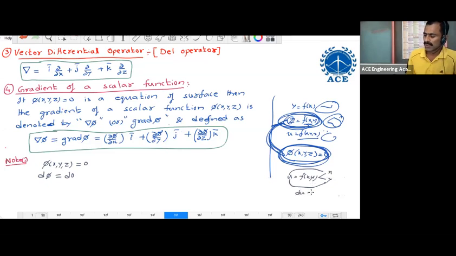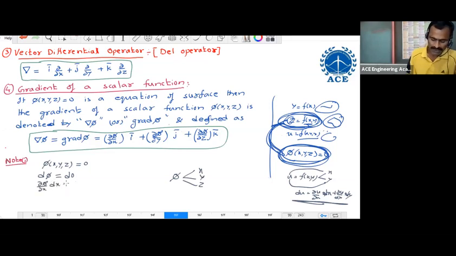So du equal to dou u by dou x into dx plus dou u by dou y into dy. Like this, we write d phi for a function of 3 variables x, y, z only. Here phi is given in terms of 3 variables x, y, z. So dou phi by dou x into dx plus dou phi by dou y into dy plus dou phi by dou z into dz equal to, on the right hand side, change in constant is 0 only.